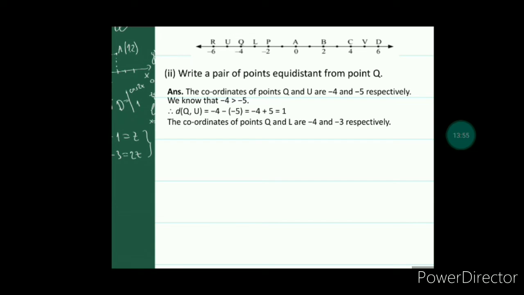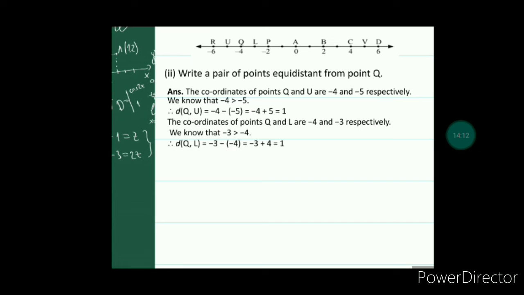The coordinates of points Q and L are -4 and -3 respectively. We know that -3 is greater than -4.